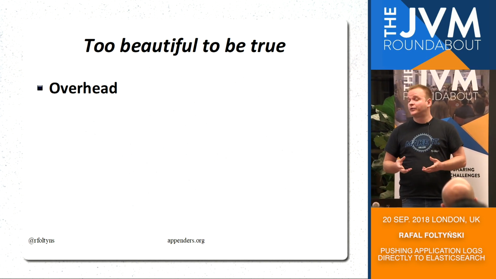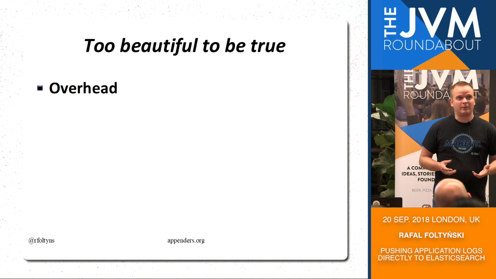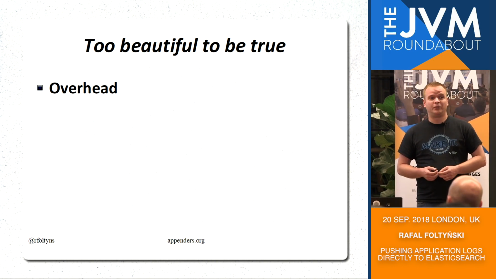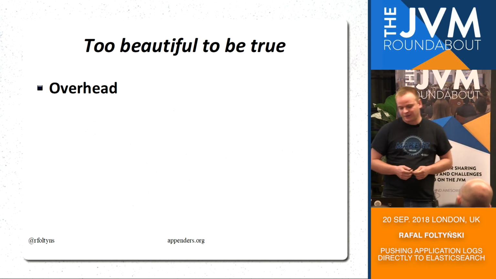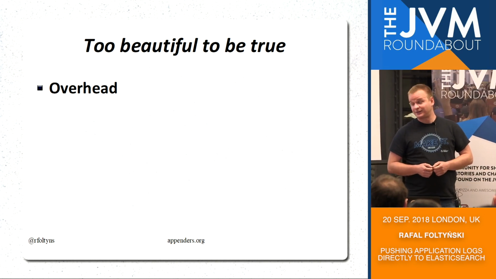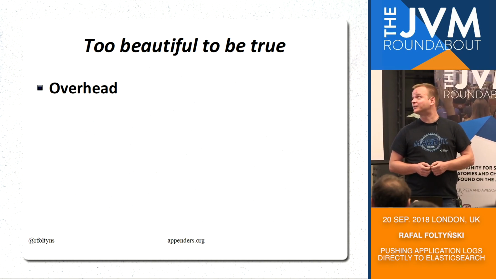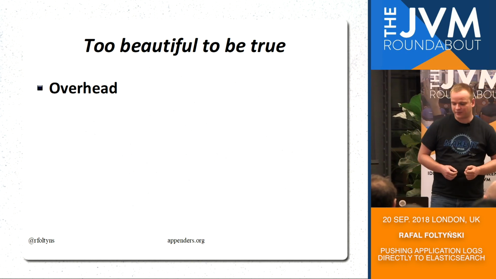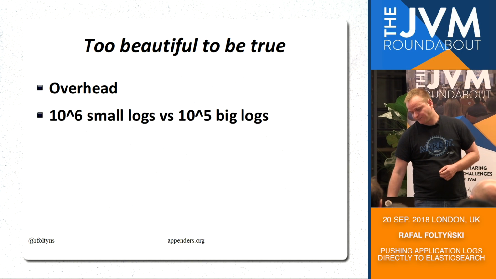So whenever you use it, be sure that you monitor your application closely, and be sure that this type of logging will not slow down or interrupt the application runtime.